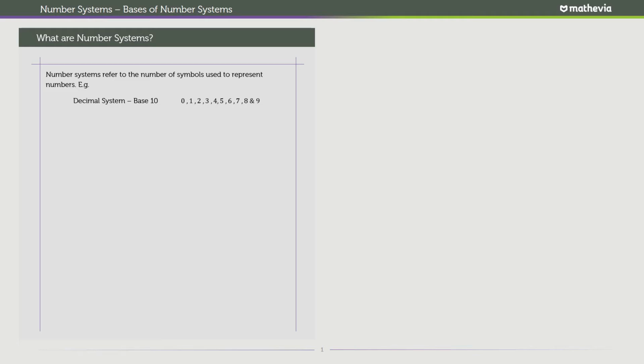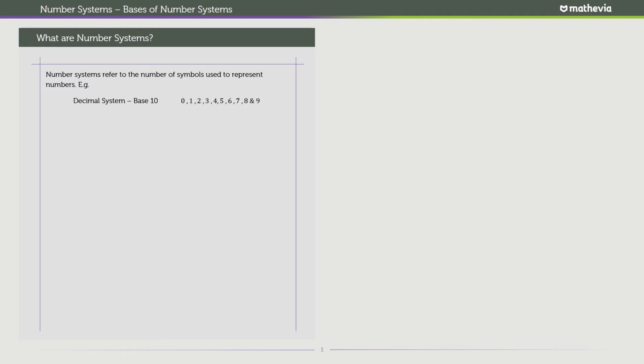For example, if you have a number like 579, you've made use of the digits 5, 7, and 9. If you have 10,512, you've made use of the digits 1, 0, 5, and 2 to form it. So basically, every number you form using the regular counting system, the decimal system, you form using the digits 0, 1, 2, 3, 4, 5, 6, 7, 8, and 9.